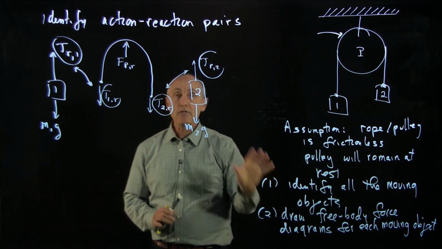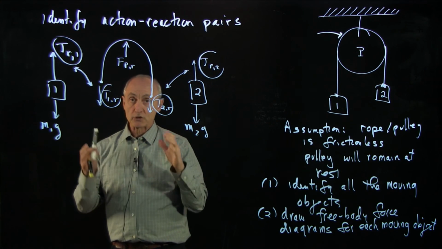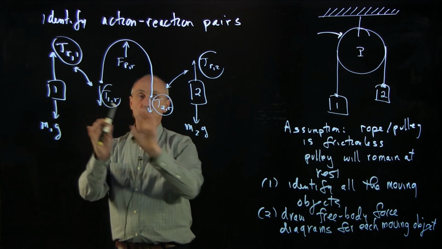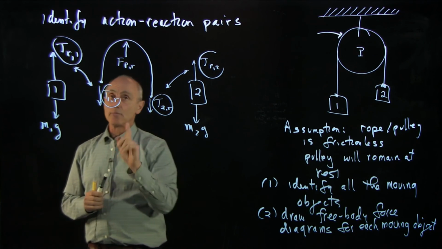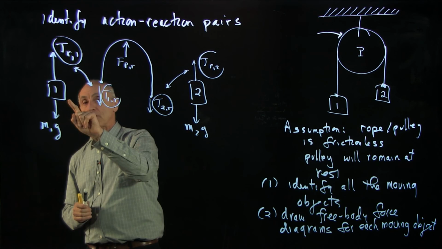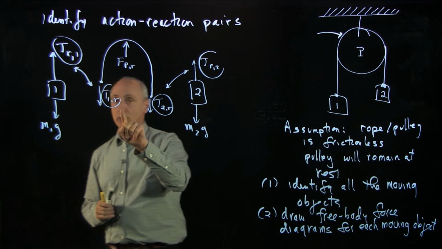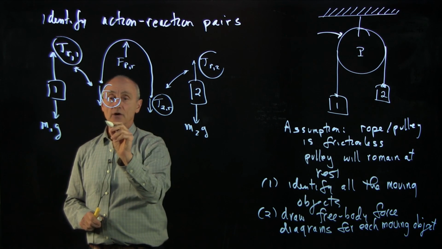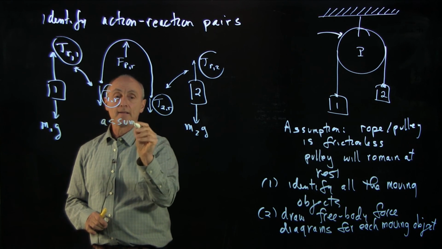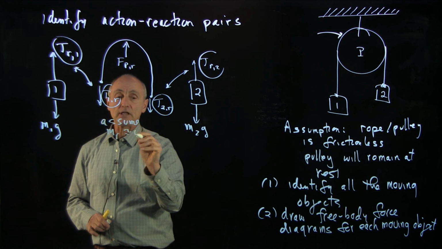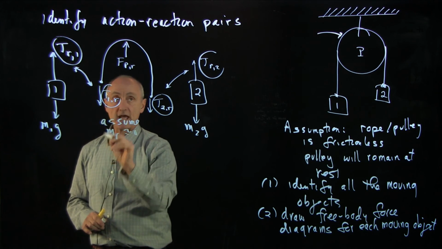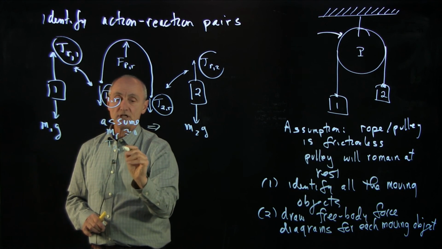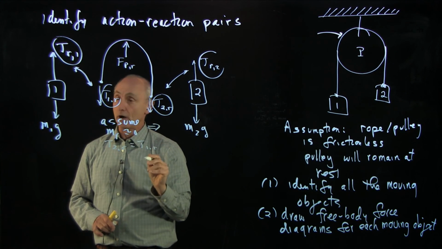Now that we've identified all the forces, we want to apply Newton's second law to each of these objects that are moving. So let's begin with our next assumption: assume that the mass of the rope is very light, and then the tension in the rope is constant, and the implication of that is T2r equals T1r.